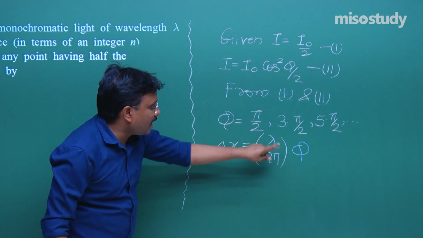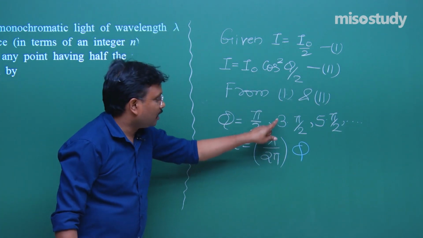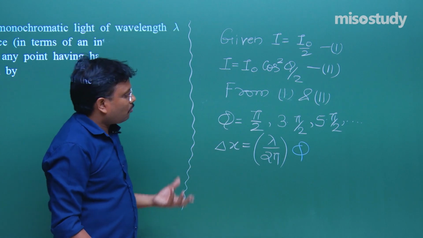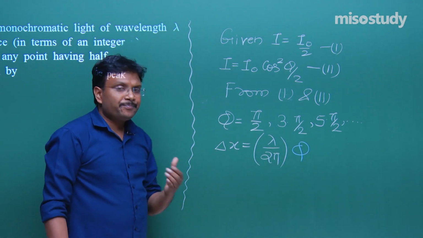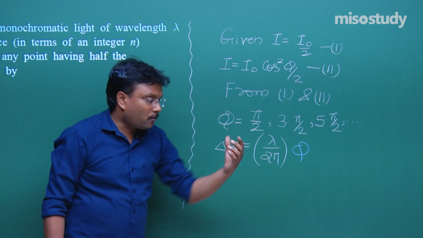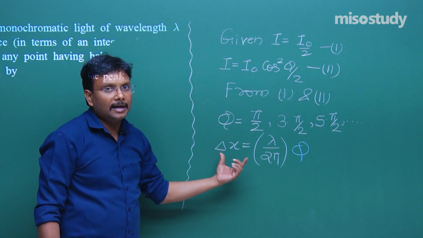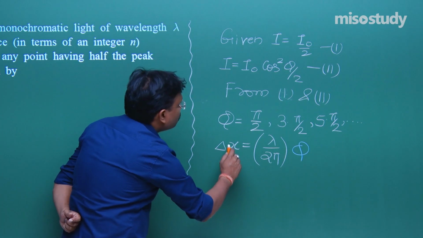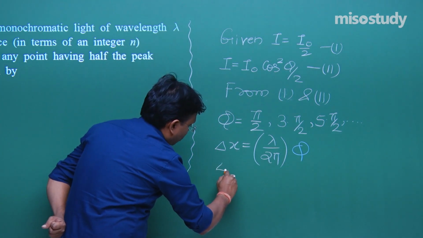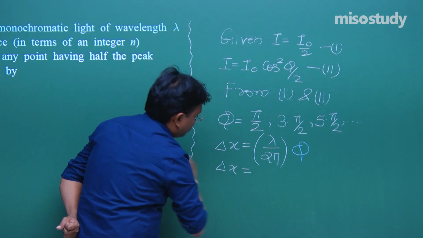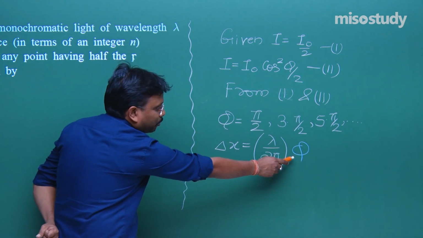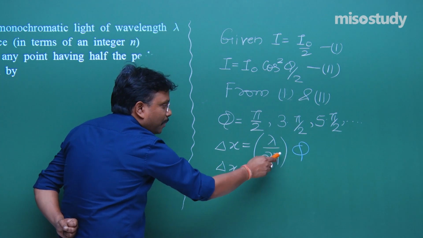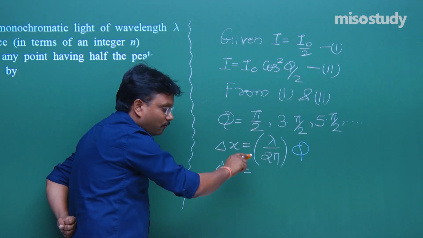You can put phi is equal to pi by 2, 3 pi by 2, 5 pi by 2 and so on. So, what should I do? I should mention 3-4 values for the path difference delta x, because now I hope these things are clear to you. So, yes, I can write down over here delta x is equal to, when I put phi equal to pi by 2, what will I get? Pi cancelled, lambda by 4.